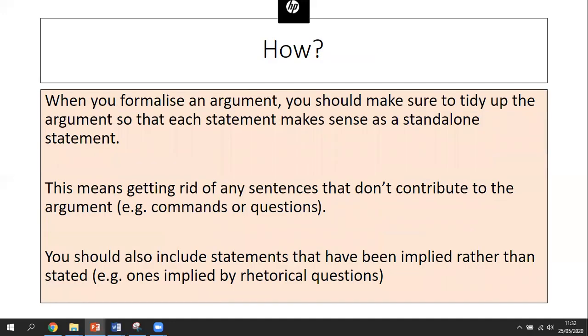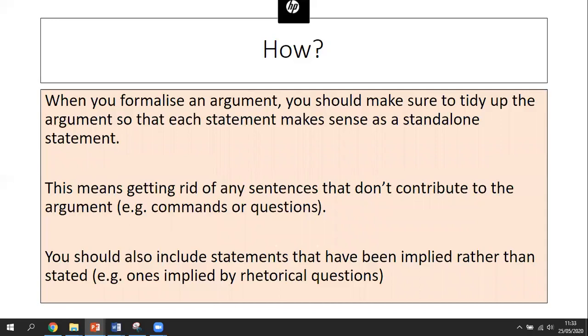So when you formalize an argument, you should make sure to tidy up the argument so that each statement makes sense as a standalone statement. Basically, you might see a sentence that has got a lot of words in it. It's still a statement, but you could do with tidying it up a bit.